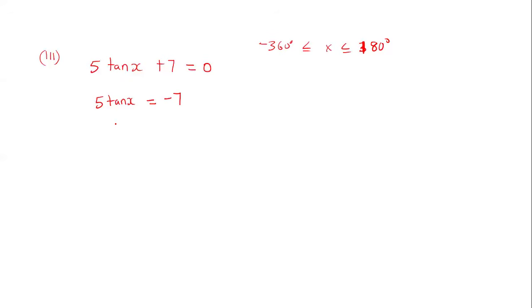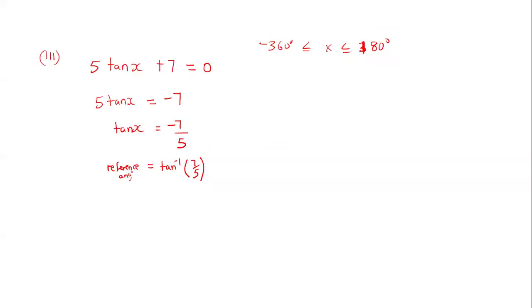Then we divide both sides by 5. So tan x is going to be negative 7 over 5. So tan inverse of negative 7 over 5 is going to be negative 54.5.